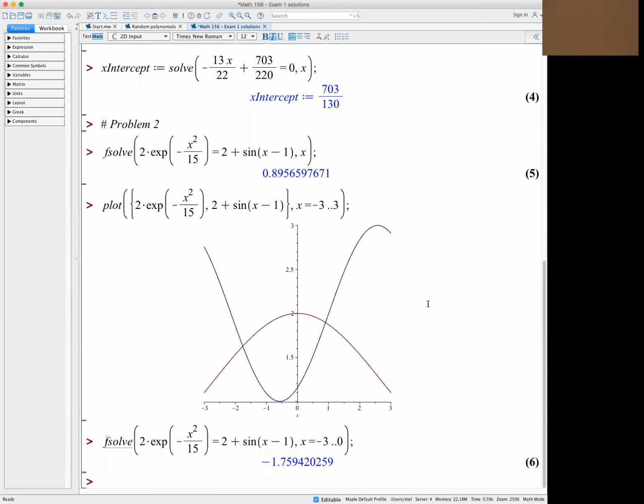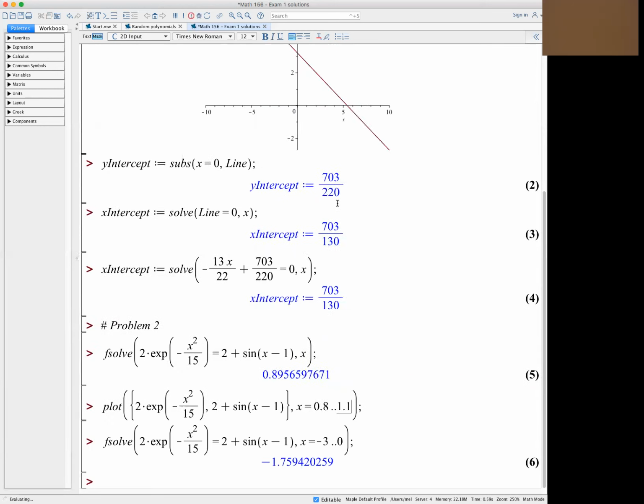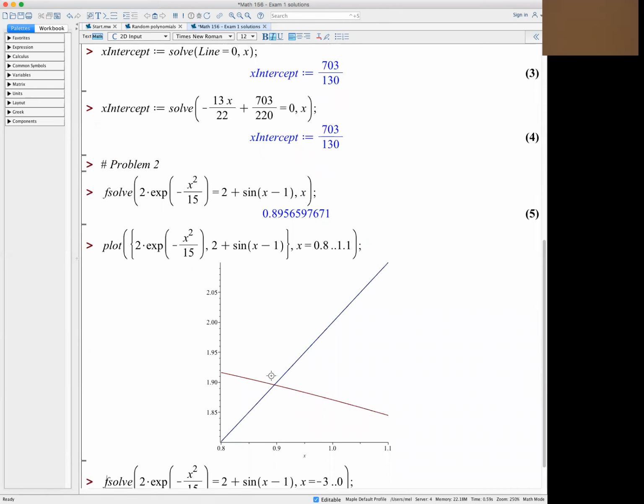And now you can see that this point, -1.75. Let's just look at that point. I want to look at that point a little bit more closely. Yeah, that's right. So this point is just a little bit below 0.9. That's what I wanted to check.